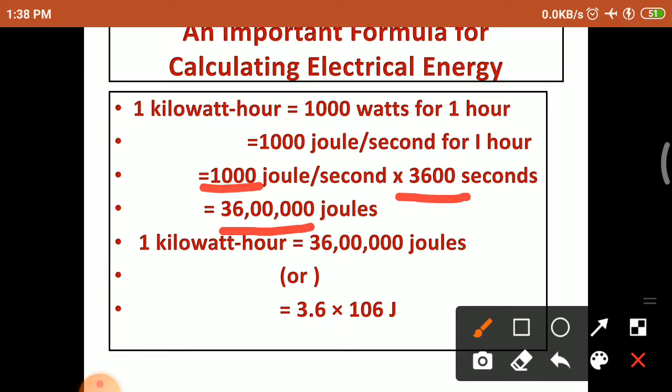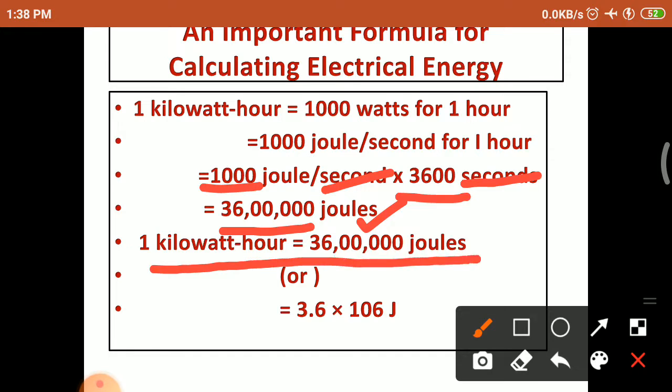Here the second and second are cancelled. The remaining unit is joule. So that is 36 lakh joules. So 1 kilowatt hour equals 36 lakh joule, which we can write as 3.6 into 10 power 6 joule.